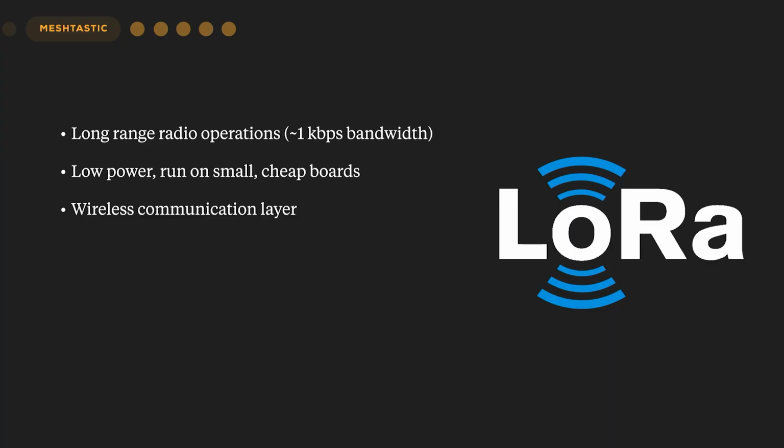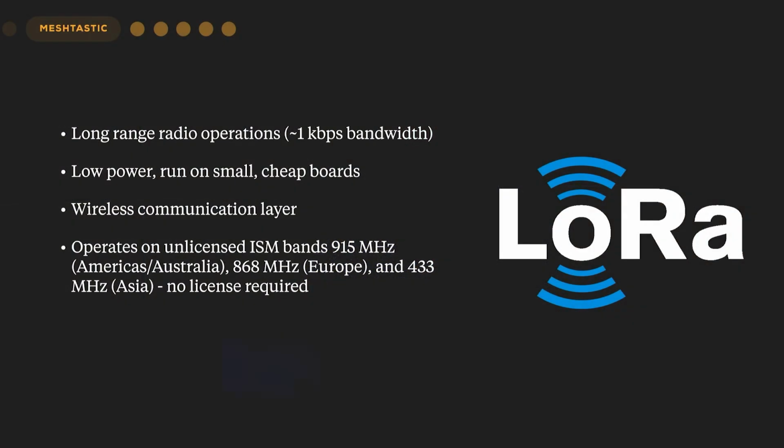In the context of Meshtastic, what we're going to talk about, LoRa acts as the wireless communication layer. As we're talking more and more about this decentralized mesh communication network, this is the infrastructure. The infrastructure is this low power, long distance wireless protocol that this whole mesh network is built on. Some other interesting things about LoRa that make it well suited for this are that it operates on some unlicensed bands.